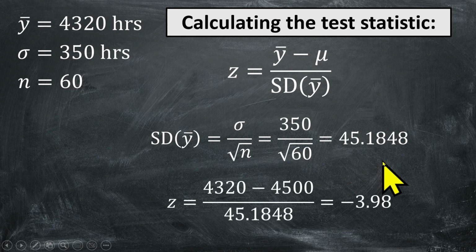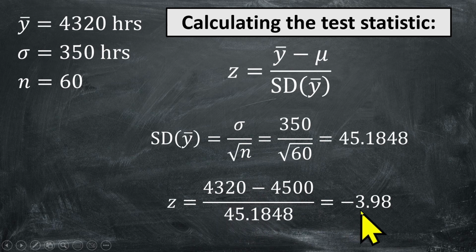And so now to calculate our Z statistic, we take our observed mean value for that month of December, 4,320 hours on average. We compare that to the hypothesized value under the null hypothesis, and we scale this distance by the standard deviation.